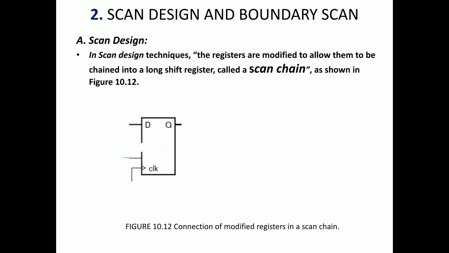The first thing we started with in design for test is testing the manufactured IC, testing the circuit functionality. In fault models and fault simulation, we were adding additional circuitry to the system.